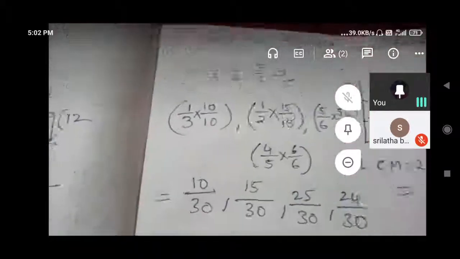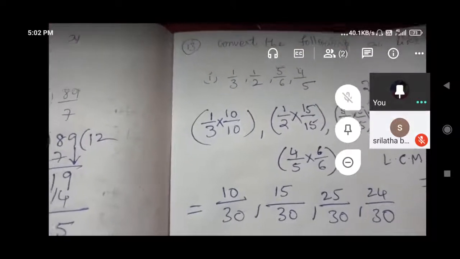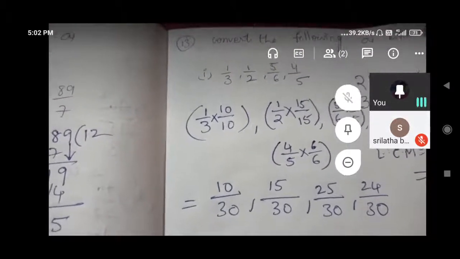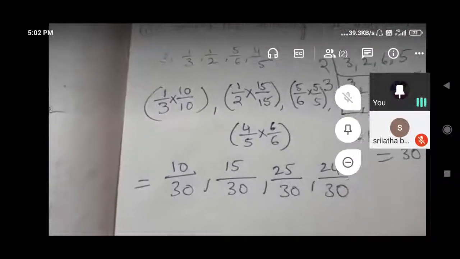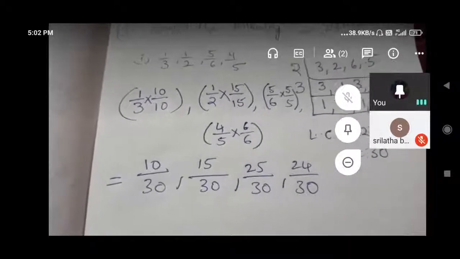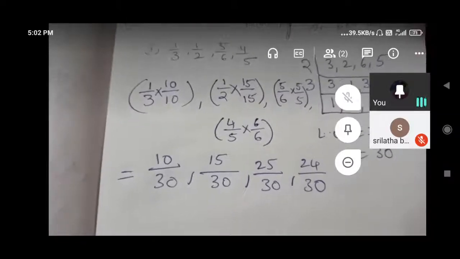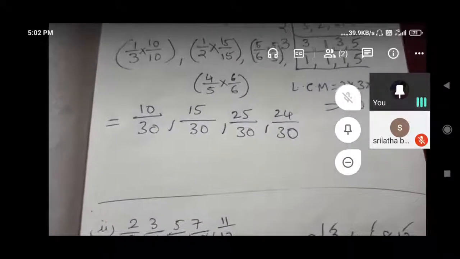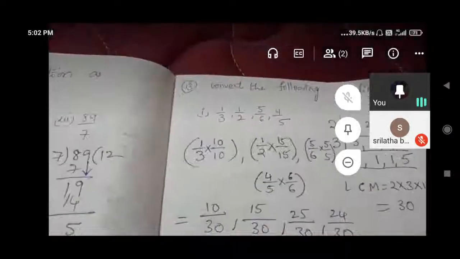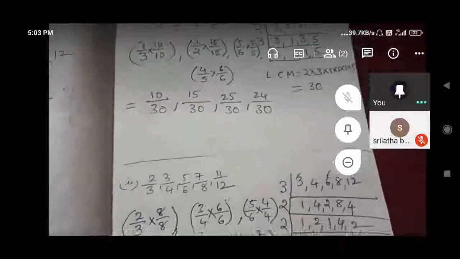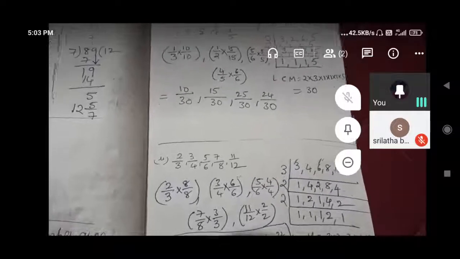So we need to make all the denominators 30, multiplying numerator and denominator by the same number. 1 by 3 we multiply with 10 by 10, 1 by 2 with 15 by 15, and 4 by 5 with 6 by 6. Then we get denominator 30, so these are like fractions from unlike fractions. Like this we can do the problems.